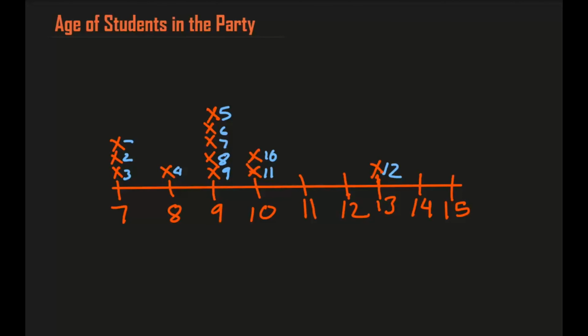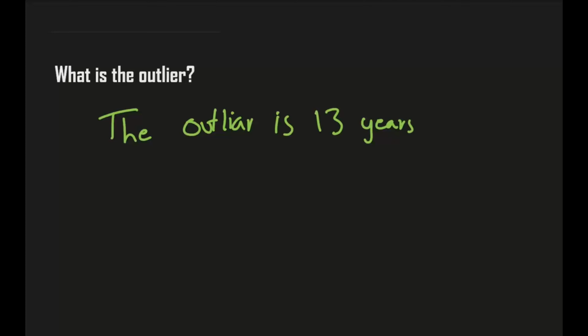An outlier means the number that is completely different or really far from the others. So the outlier is 13 years old. That's our answer.